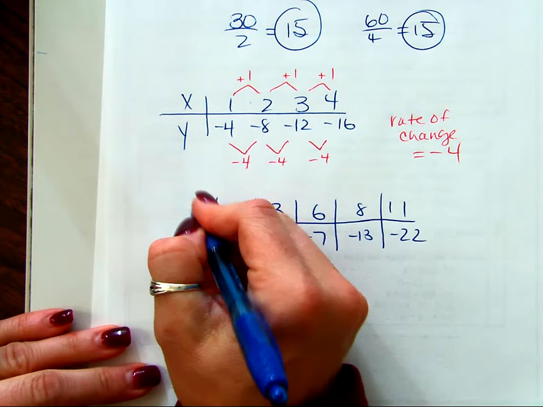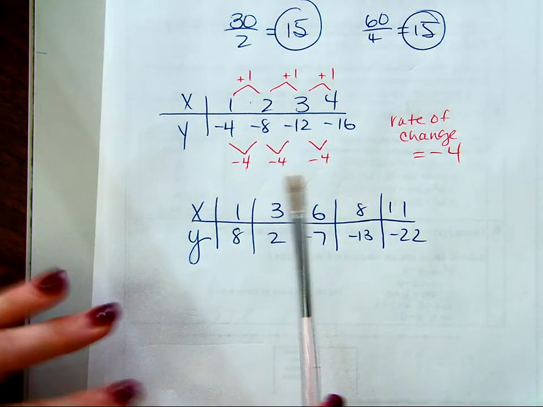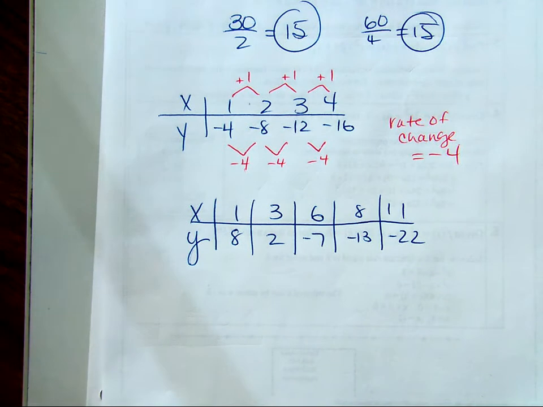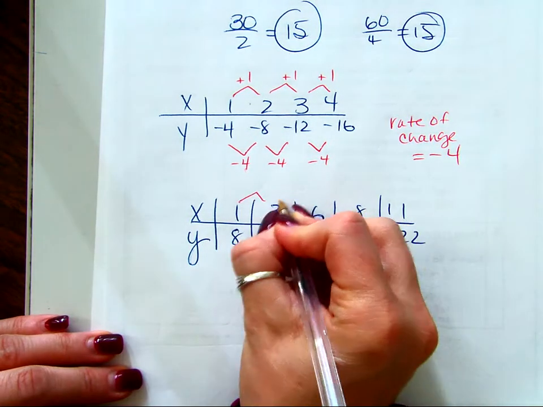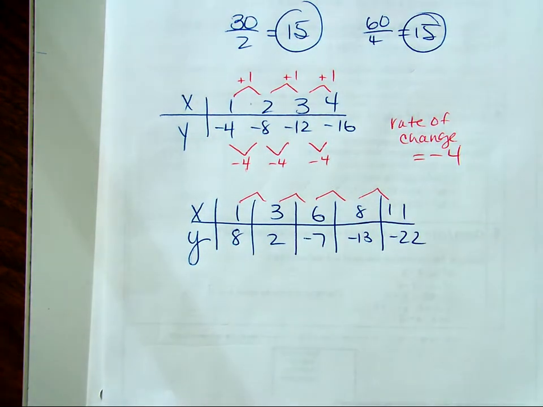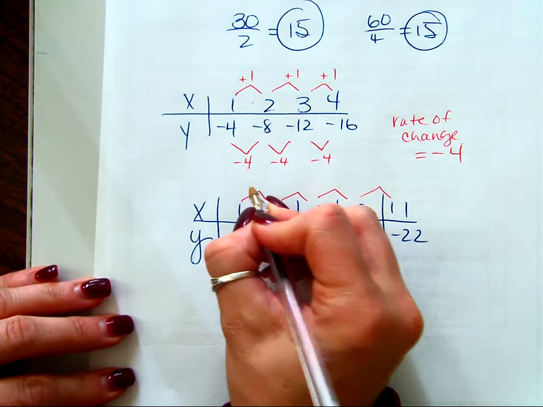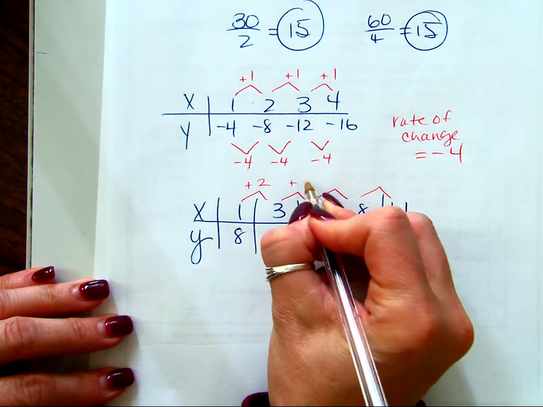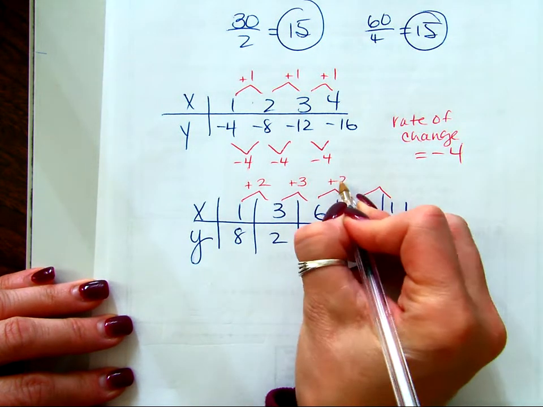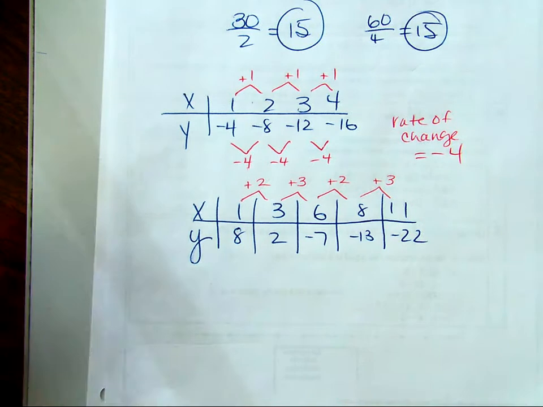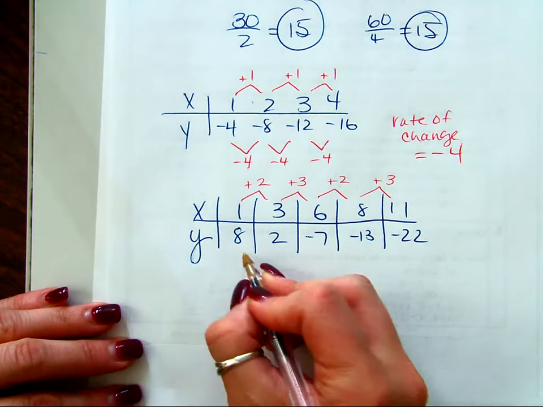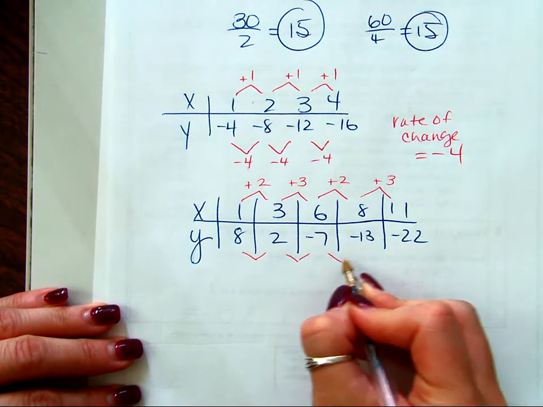X, Y. Just literally start by doing what's in red. That will save you every time. Because patterns in math tell us things. I know it looks like a pattern, but it's not the same number each time.